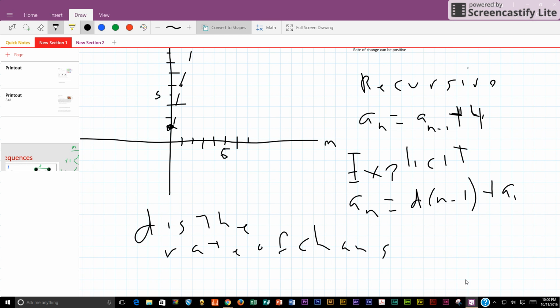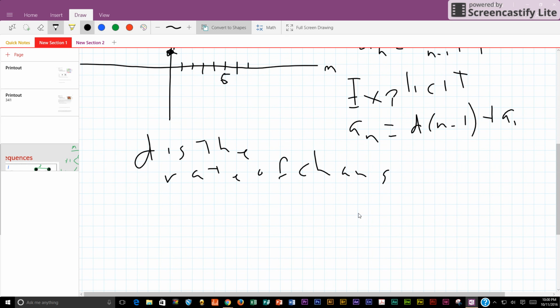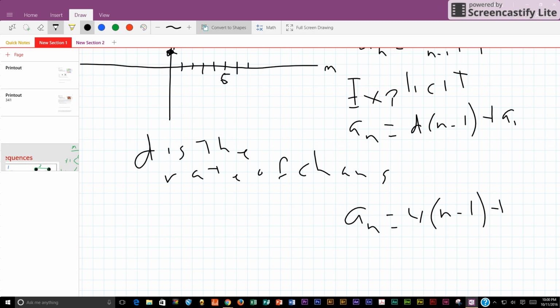So for this one, d is 4. So a sub n equals 4 times n minus 1 plus a sub 1, which for this formula was 1. So there's our formula. You can reduce that and do the distributive property, but you do not need to do that. That will be an acceptable answer.